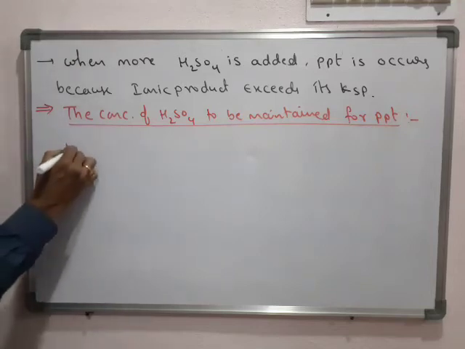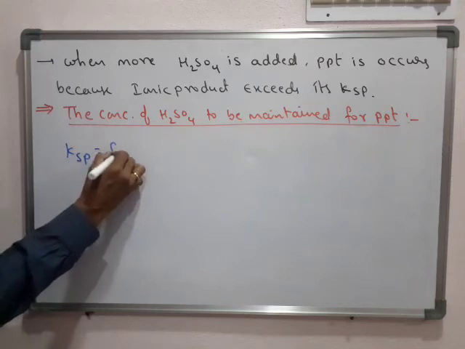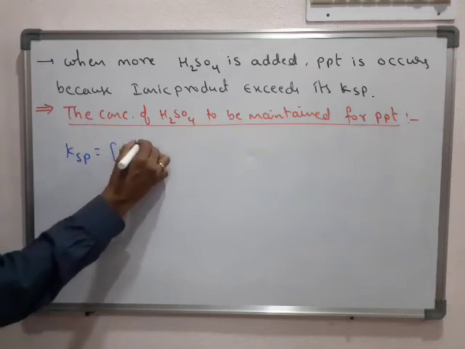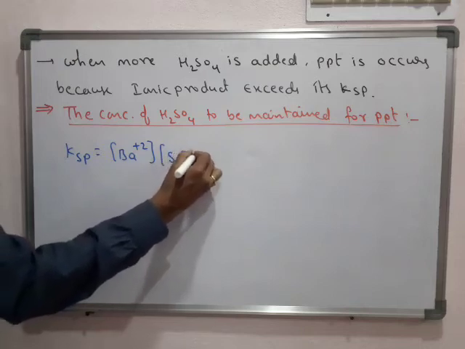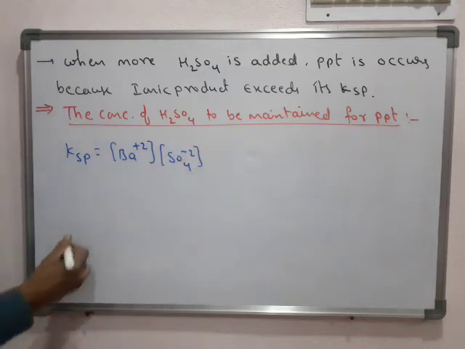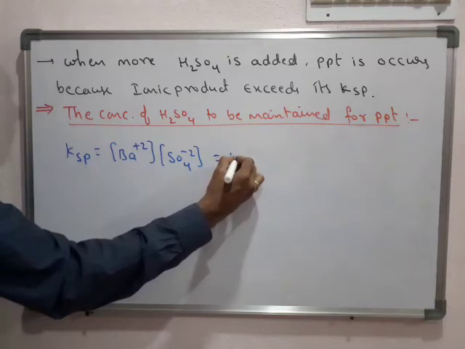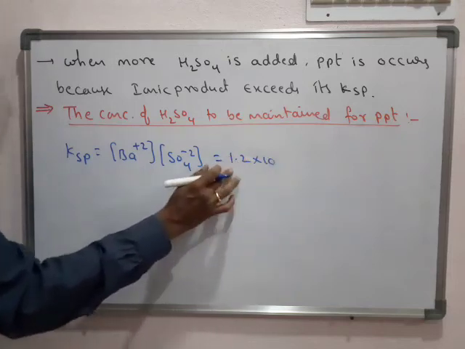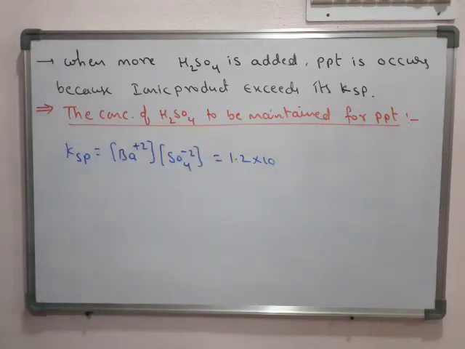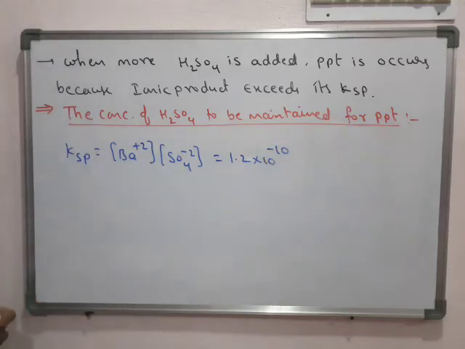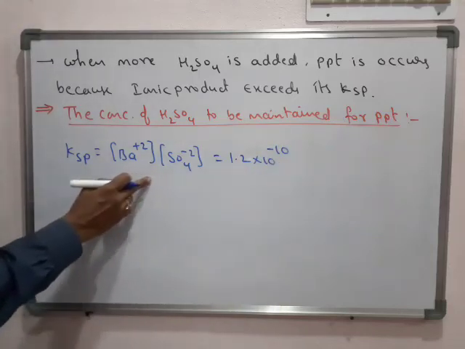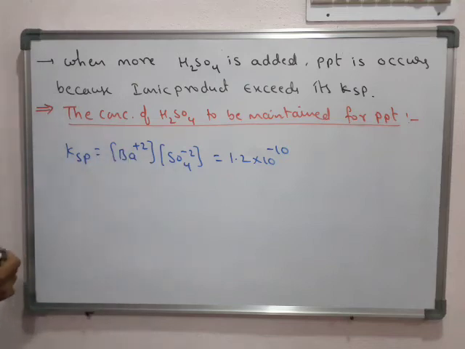So we know that what is KSP of barium sulfate? It is AB type of salt, barium plus 2 and SO4 minus 2. So already KSP value is given, so we can't remember it. They will be given in every question. It is totally experimental. 1.2 into 10 power minus 10, that's S square moles square per liter square.